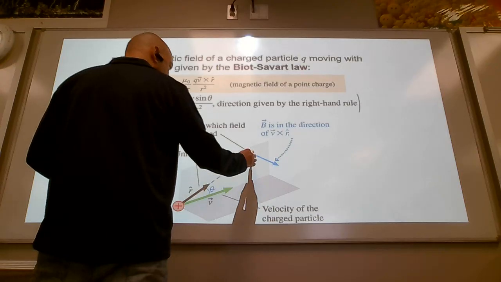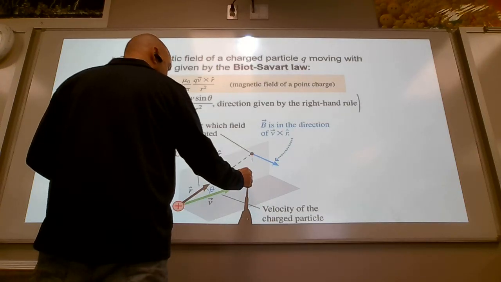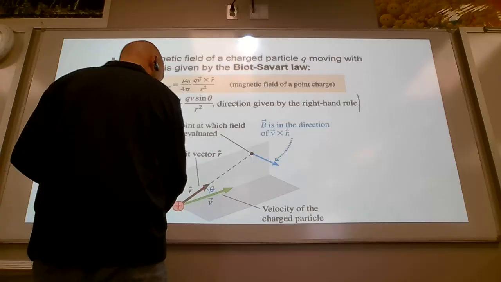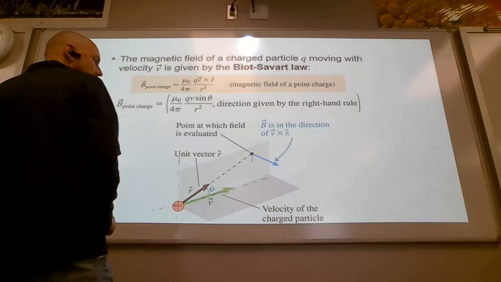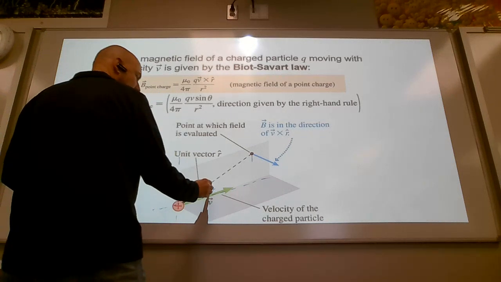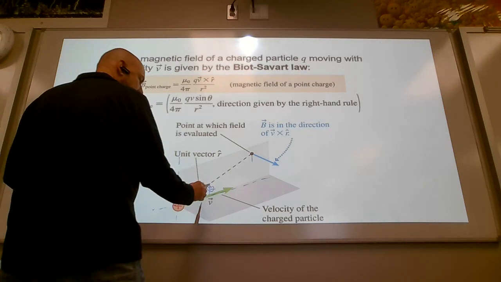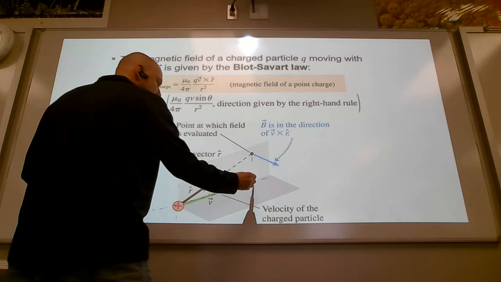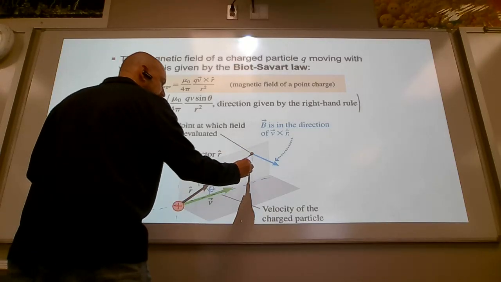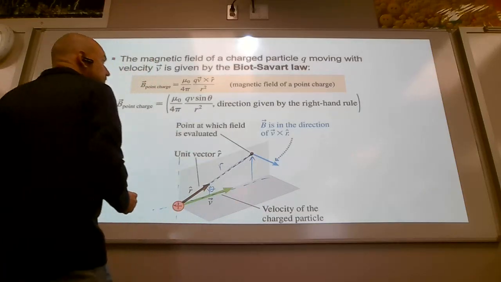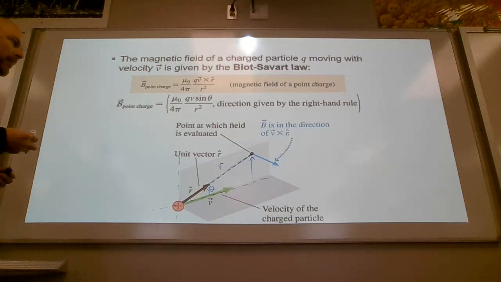So looking at that angle, orient our axis like that. We're looking for this component here. Actually, sorry, this is the radius vector. We're looking for that component there.